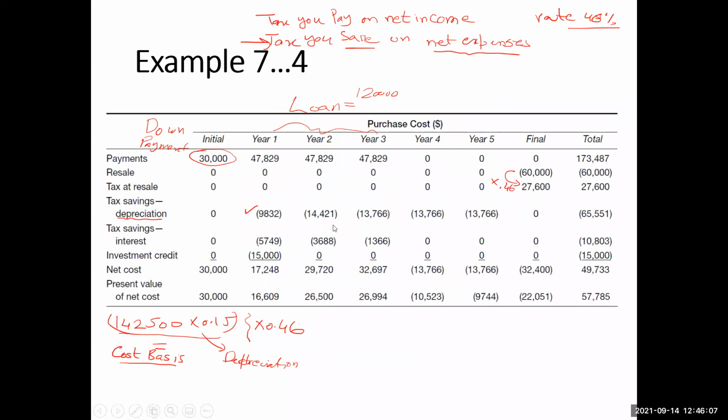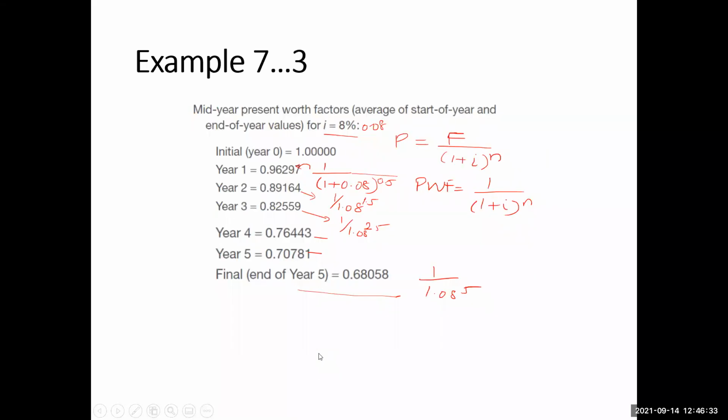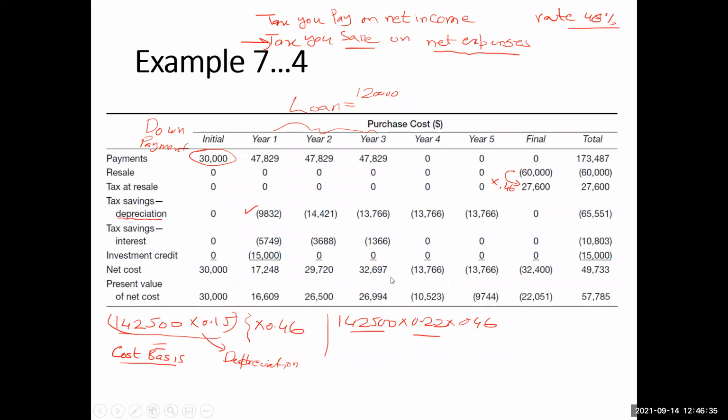So for the second year, 14,421, how will you calculate it? 142,500 multiplied by 0.22 multiplied by 0.46. The same cost basis; for the second year this is the depreciation rate, and 46% is the tax rate. So you will get 14,421.